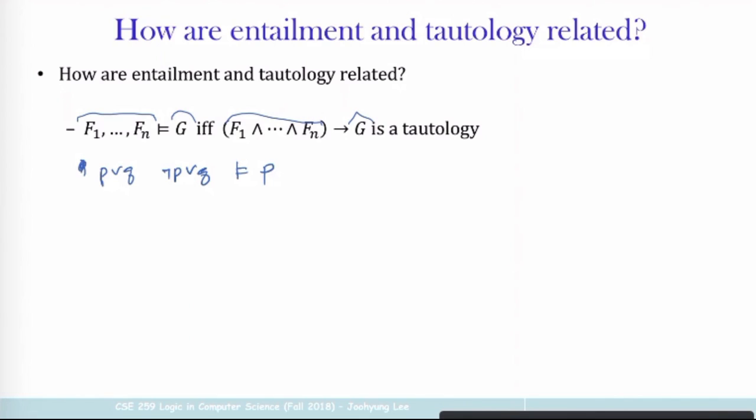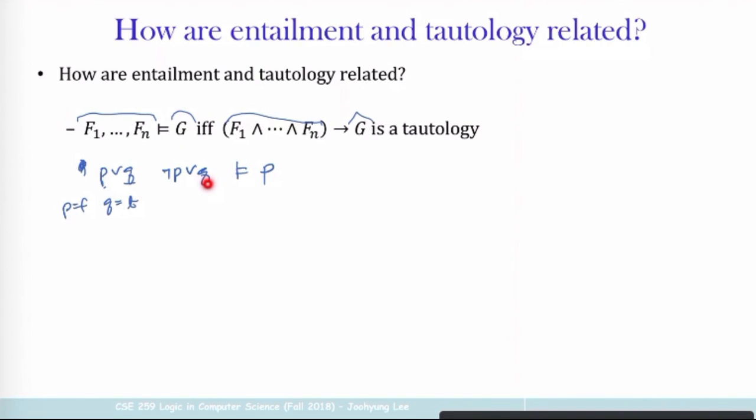No. If it does not entail, then what is an example? P is false. And Q is? Okay, so let's say P is false and Q is true. What happens to the formulas on the left-hand side? This is true, right? Because Q is true, so Q or whatever is true.